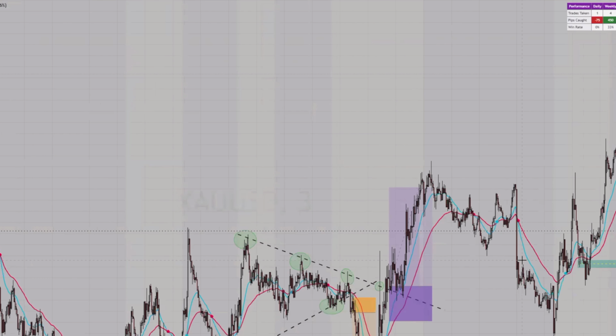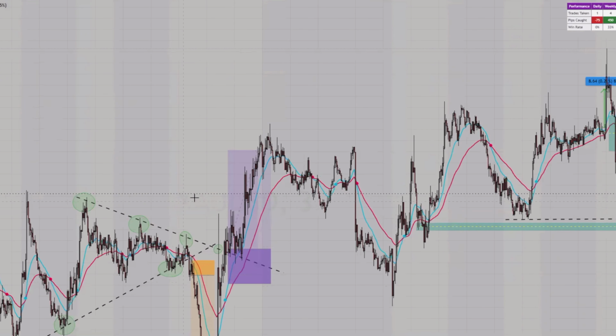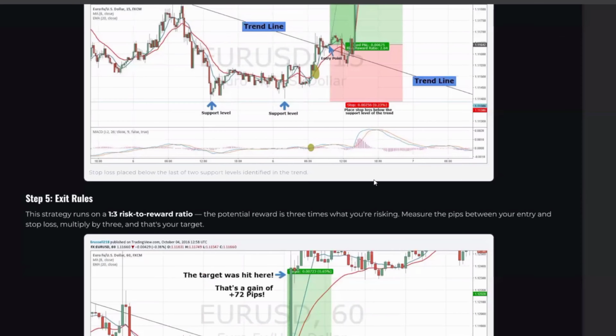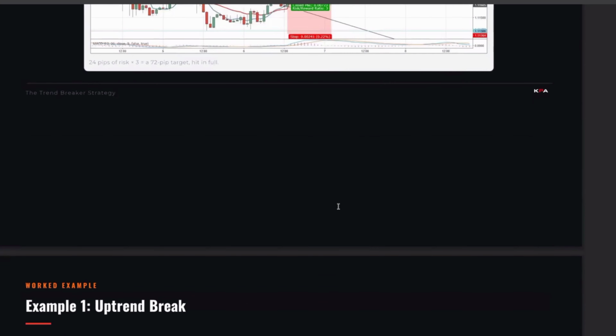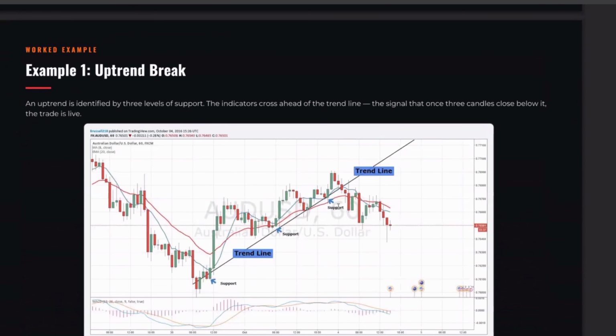And in your exits, you also can exit if the market retraces back to your EMA. So those are going to be the ways that you exit out of those positions. You can also have a set 1 to 3 risk to reward. So risk to reward ratios are very crucial as well, because they help with your long-term profitability, right?